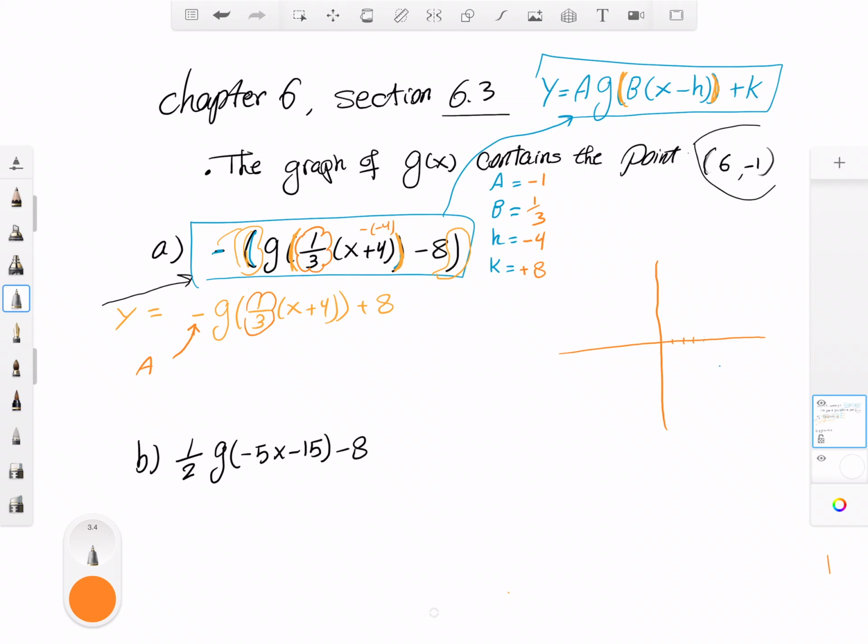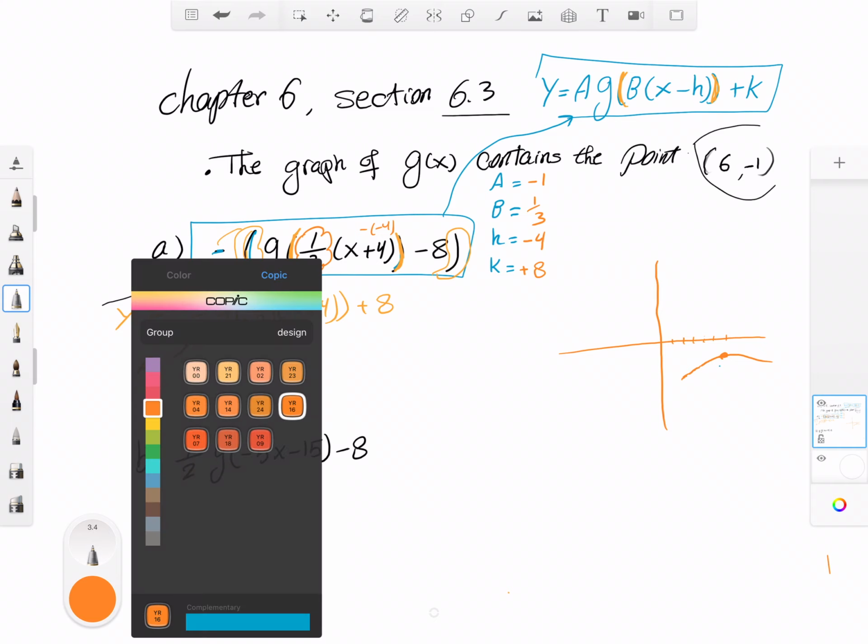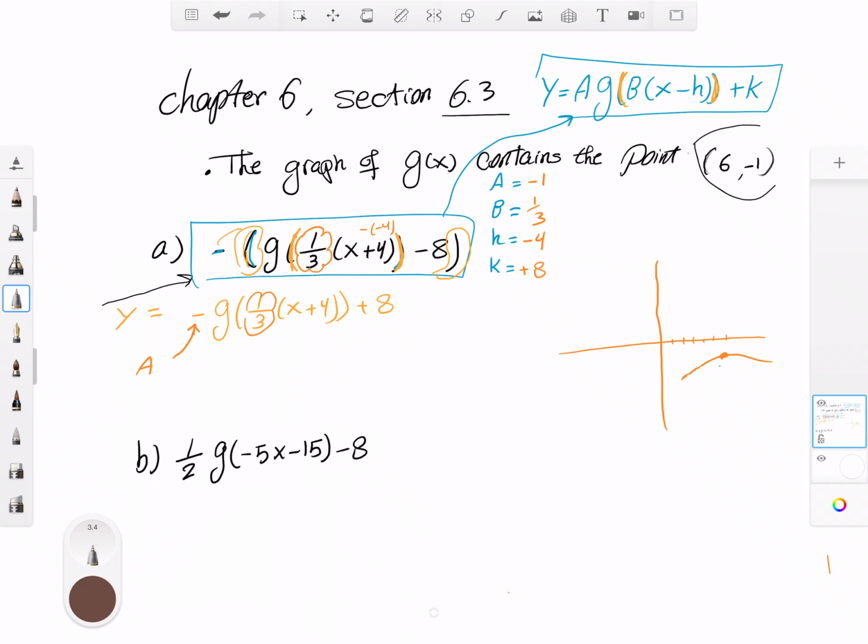All right, so let's say we have a graph, and the point (6, -1) is on the graph.